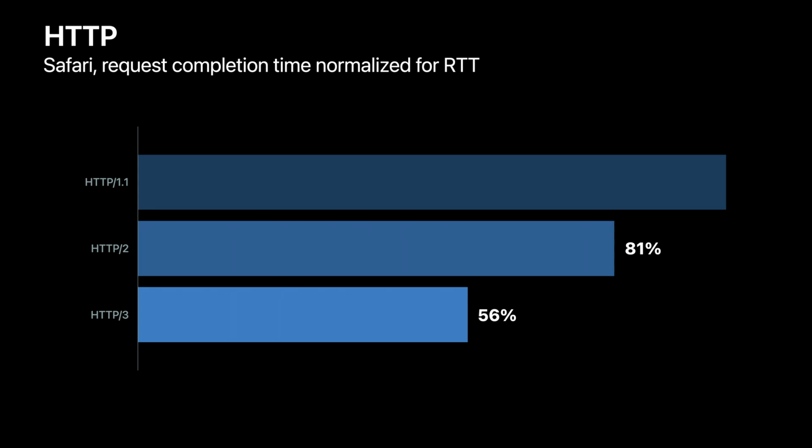HTTP3 requests take a little over half the time as compared to HTTP1 when looking at median request completion time as a multiple of round-trip time. This means your app's requests will complete much faster.